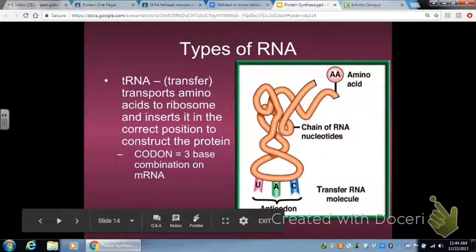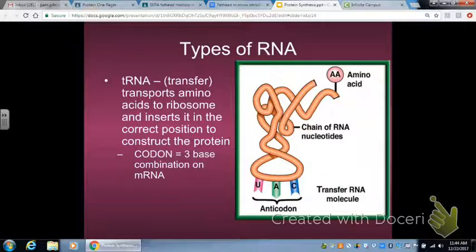Okay, so there are two specific regions. One of those specific regions is called the anticodon. There's your anticodon. The anticodon is a 3-base combination that is going to match up to the codon, which is the 3-base combination on the messenger RNA.